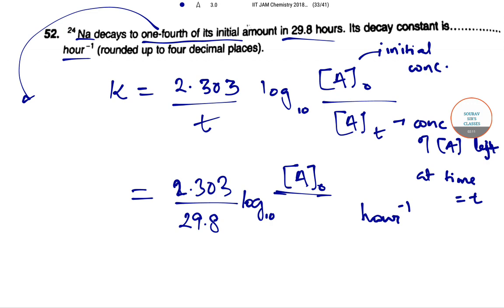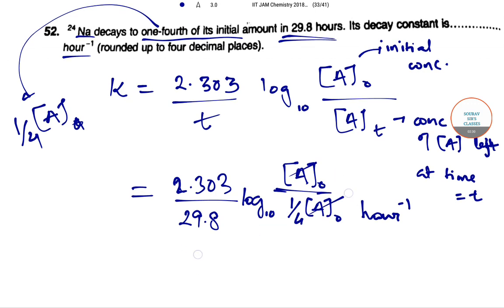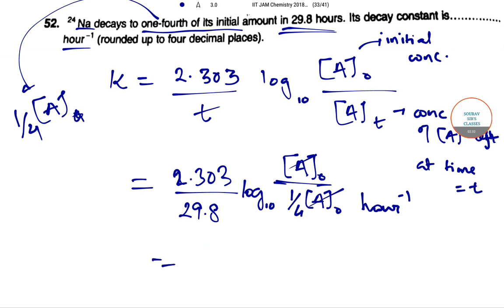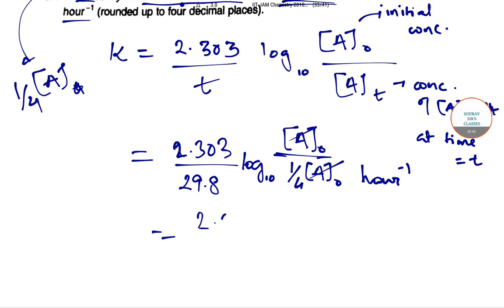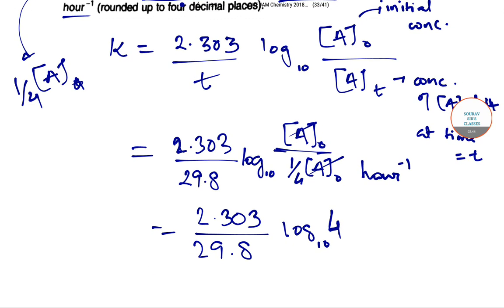So concentration of A left at time equals to t will be 1/4 of A naught, the concentration left at time equals to 29.8 hours. So this will be replaced by 1/4 A naught, and subsequently these A naughts will cancel, and we will get 2.303 by 29.8 log base 10 into 4, that is log 4 base 10.